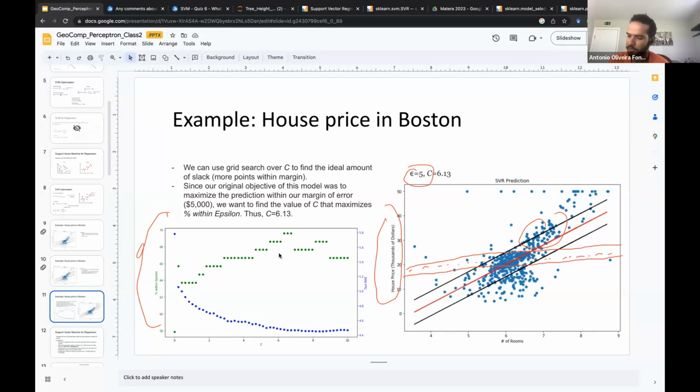So first I'm setting what's acceptable for me, and my acceptance of the error was 5,000. With that, now let me play with the C. That's going to get me something reasonable, and it still doesn't deviate too much from having a good R-square.